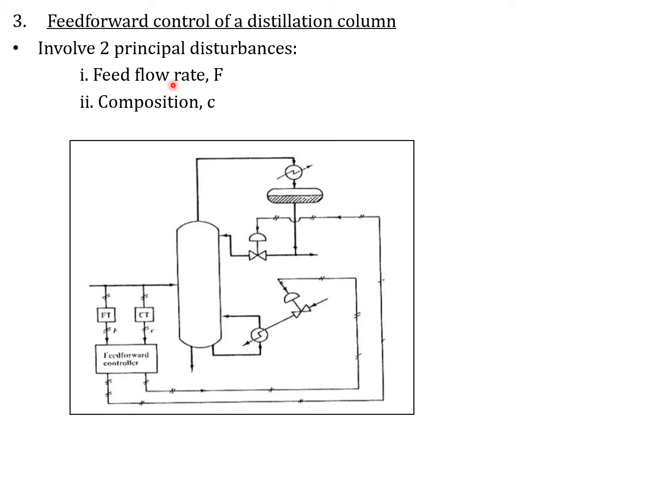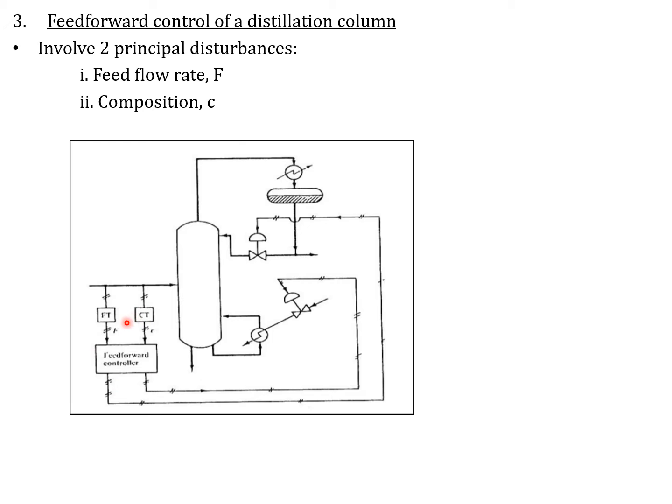Another one is feedforward control of the distillation column, which again involves two principal disturbances. One is the feed flow, which normally affects the whole distillation column. The composition of the feed flow will also affect the whole column. So these are the main disturbances. As I said, there can be many other disturbances, but we just focus on the principal ones and consider this loop only. So feed flow and composition have to be measured to be able to implement the feedforward control.